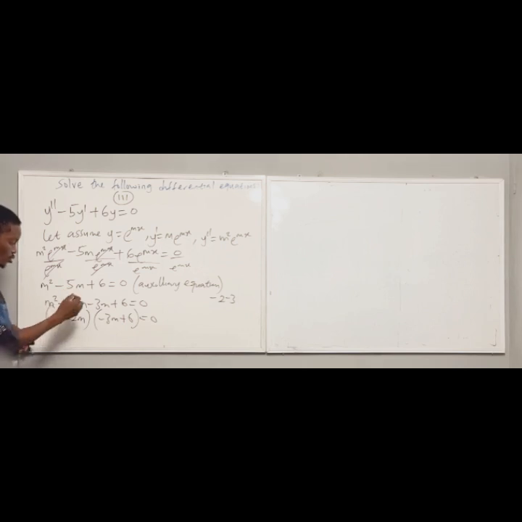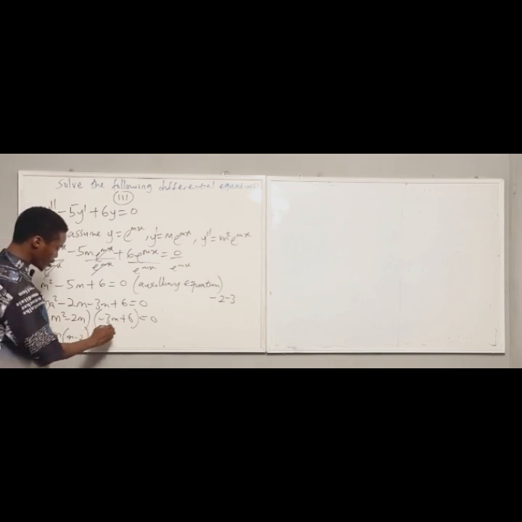If I group, what is common? The common term here is m minus 2. Then what is left is minus 3.